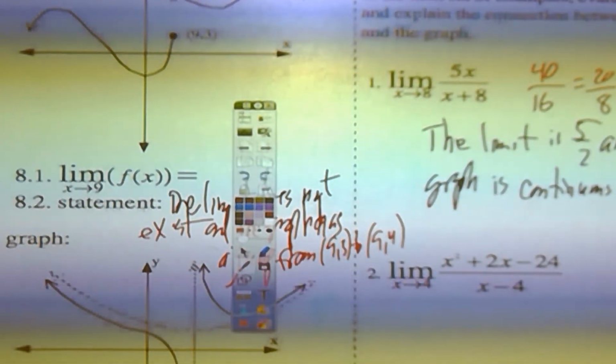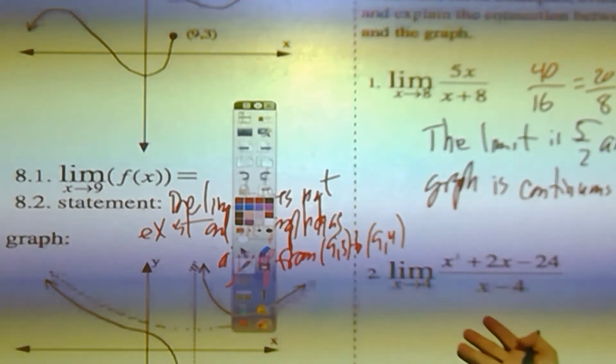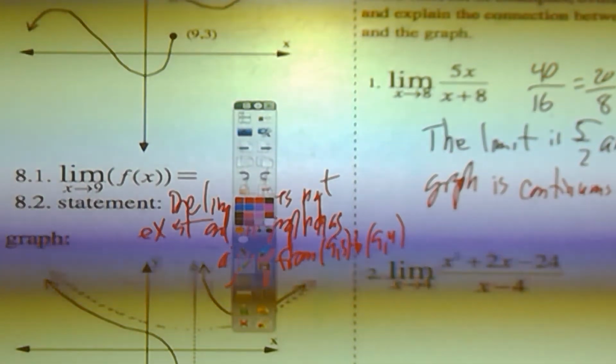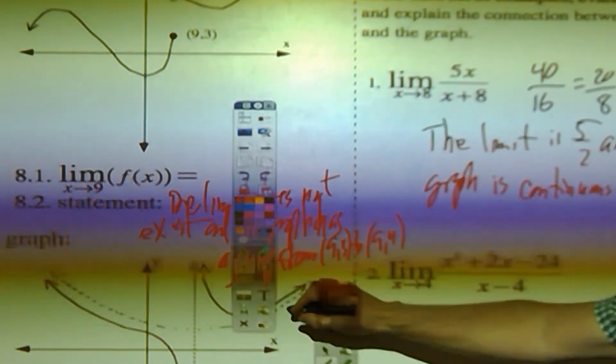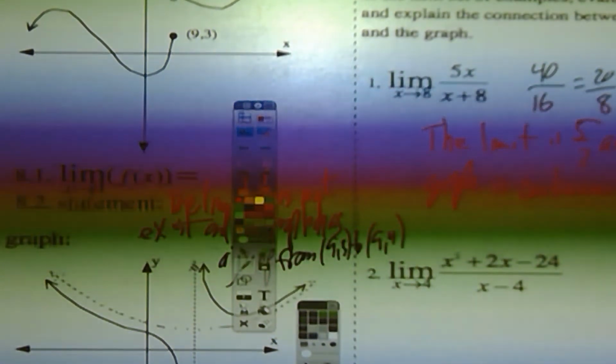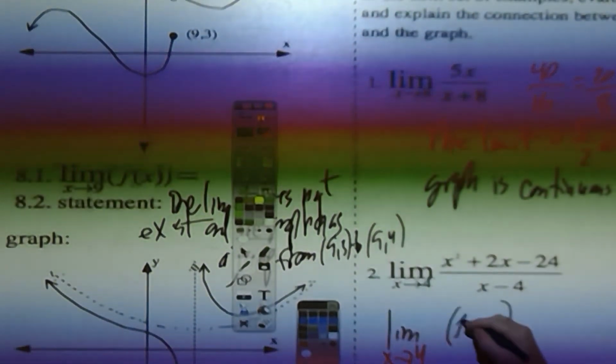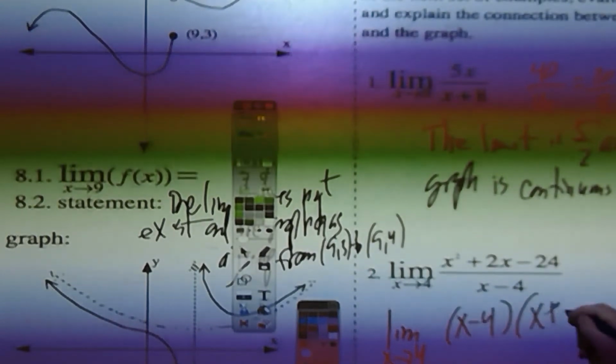Now you can't do that on number 2 because when you plug a 4 in for x, you have division by 0. So we use an algebraic technique. Instead of doing it graphically, we're doing it algebraically. So we factor. It's called factor and cancel. We're going to take the limit as x approaches 4. The numerator does factor into x minus 4 times x plus 6.